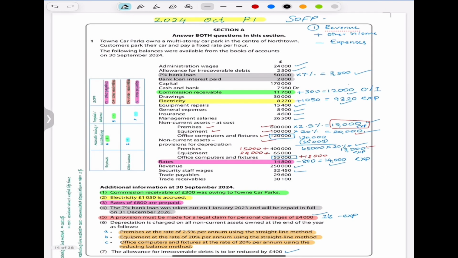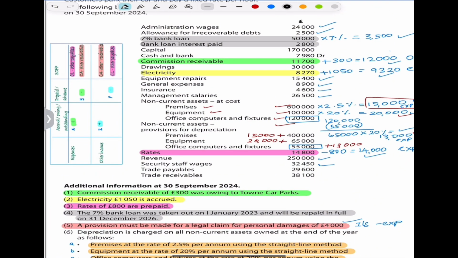Going back to the question, let's identify all the current assets. As per the question, we have cash at bank, which is a debit balance and should be a current asset. Trade receivable should be a current asset. And there is a prepaid expense, which should be a current asset, so this should go under other receivables.